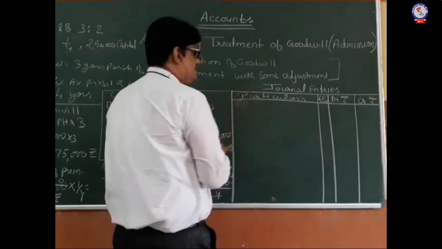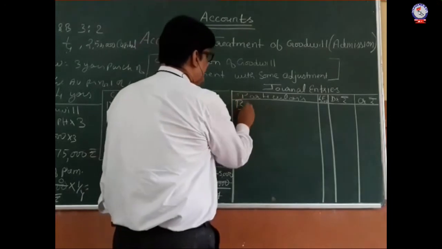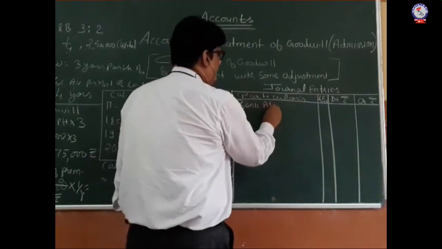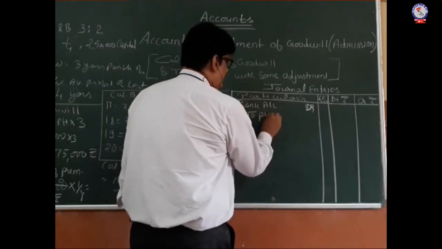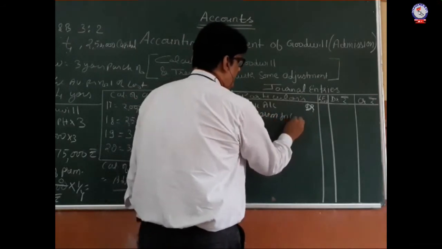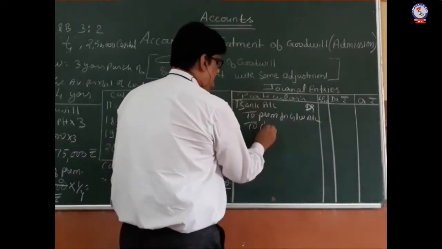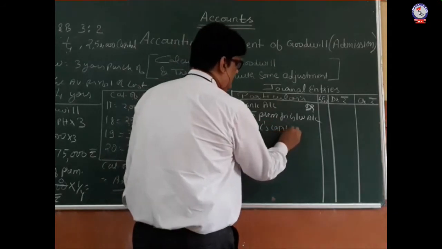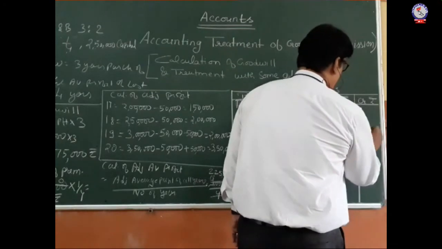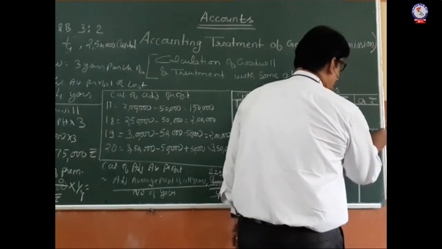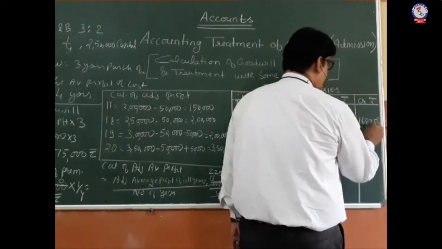Okay, it is said that C is bringing the total amount by cheque. So when it is said like this, the bank account debit to premium for goodwill account and to C's capital account. Total capital brought by C 2,50,000 rupees. Total premium amount brought by C 1,68,750.